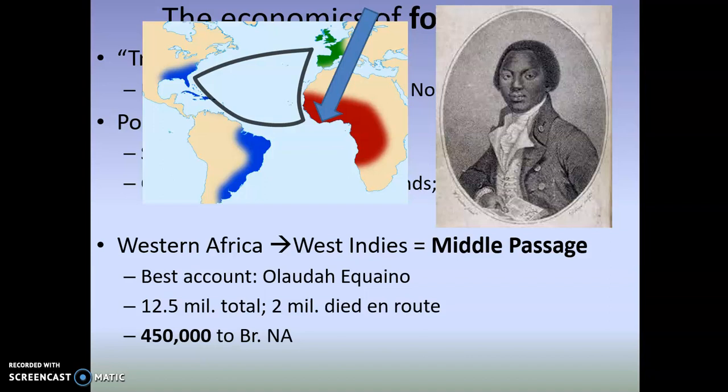Which it sounds really weird and harsh to say only 450,000, because that's a huge number. But the vast majority went to Central and South America to work the brutal conditions on sugar plantations. It was stated that the life of a slave in British North America could be measured in years. If you were in the Caribbean or South America, it was measured in months.